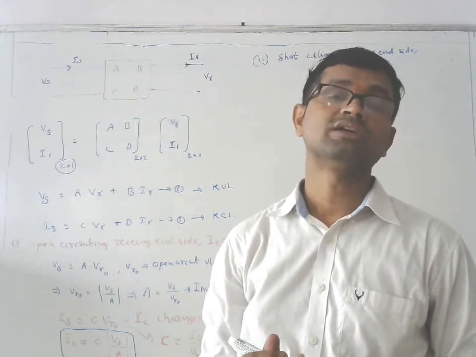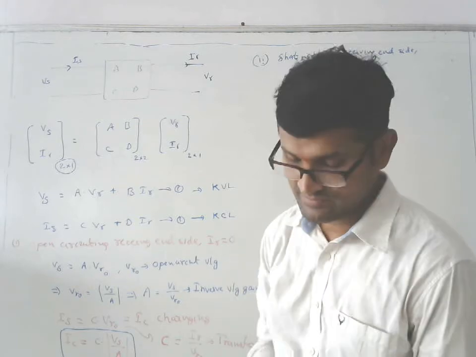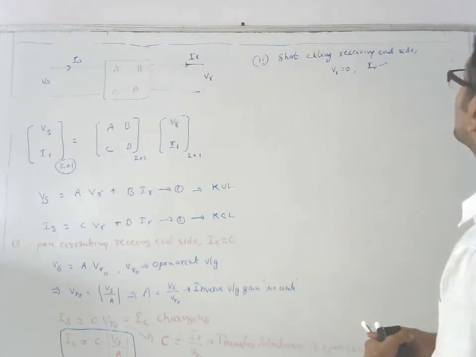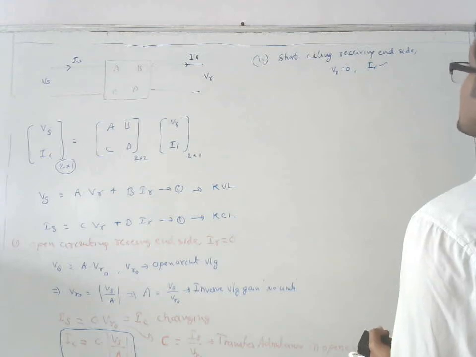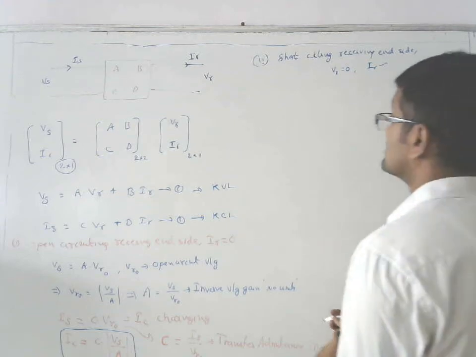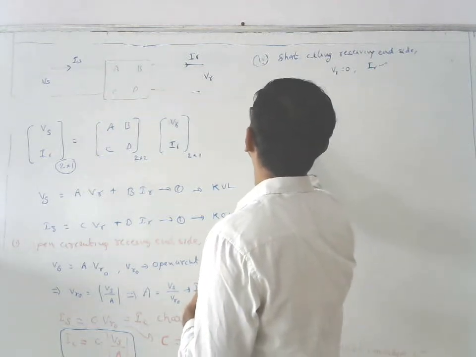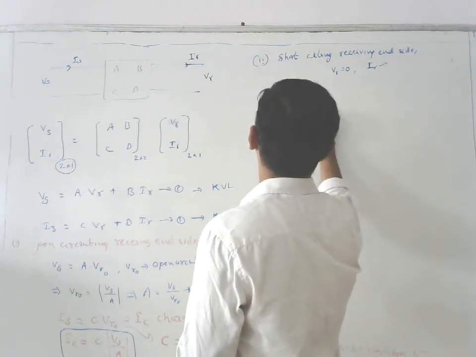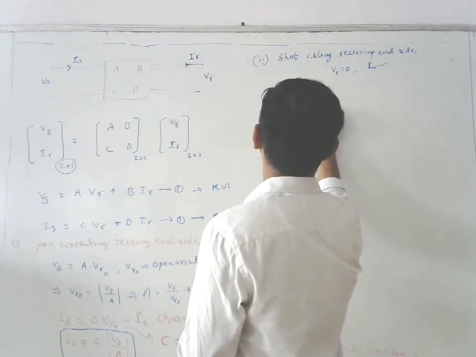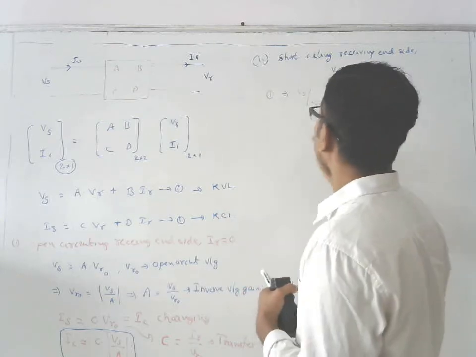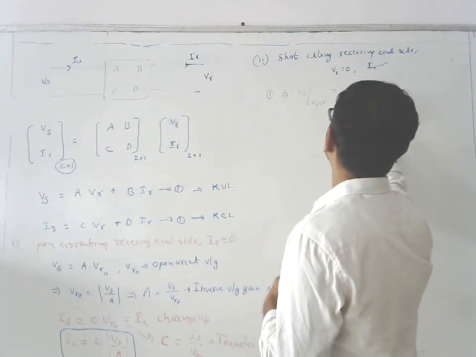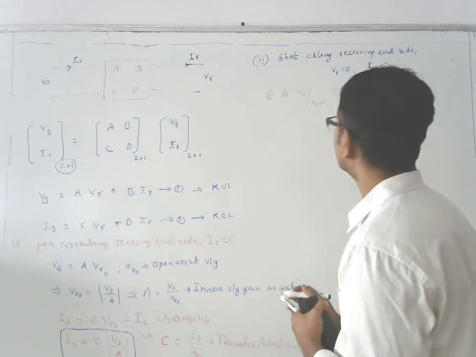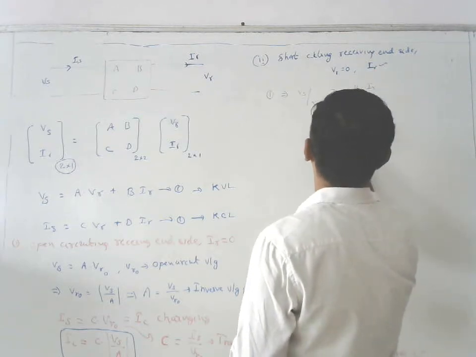Now here I am going to short circuit the receiving side, which means we are making VR 0. So equation 1 becomes Vs is equal to B into IR, with VR equal to 0. This IR is called the short circuit current ISC.